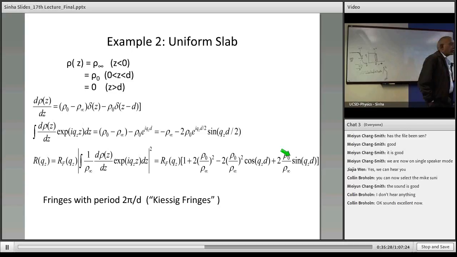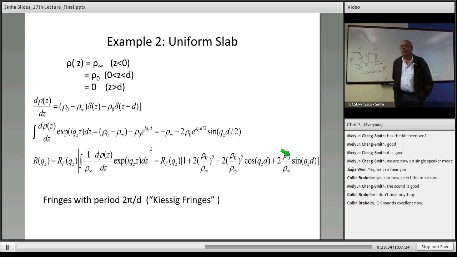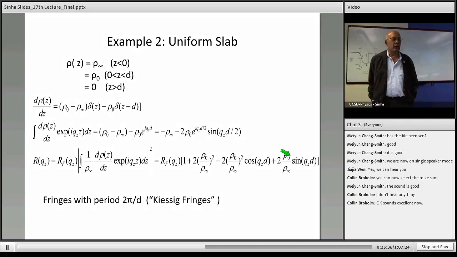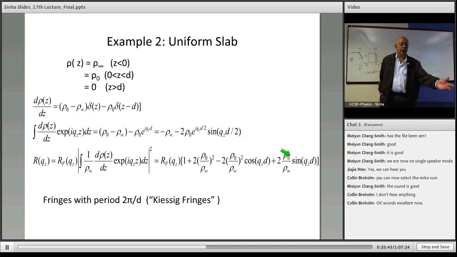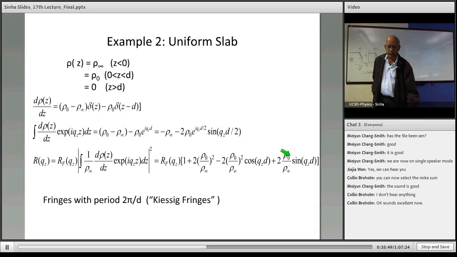And these are called Kiessig fringes. So it looks like a fringe pattern, and physically it's just due to the interference between the top of the film and the bottom interface, constructive and destructive interference. It's very similar to the colors you see from an oil slick, Newton's rings and so forth.